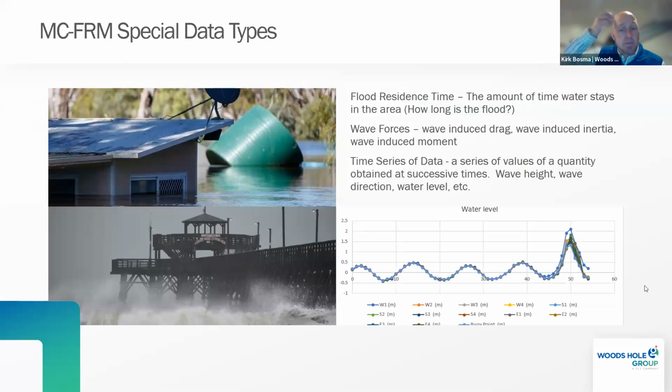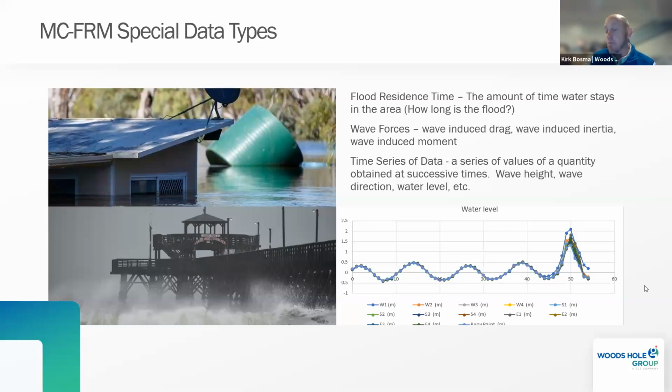Some of the special data types we're going to talk about today, just to get some basic definitions. I'm sure many of you understand these, but here are some examples of the special data that we can pull out of this. Residence time: because it's a dynamic model, it includes the entire passage of the storm, meaning it not only includes the propagation of the water into the area, but also the recession of water out of the area.